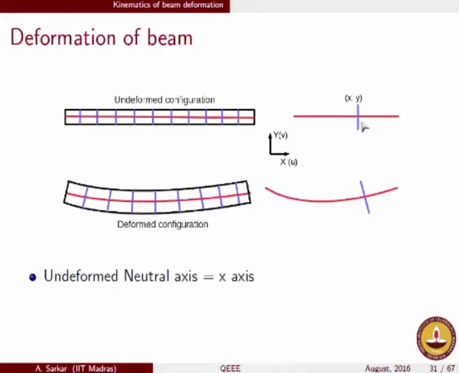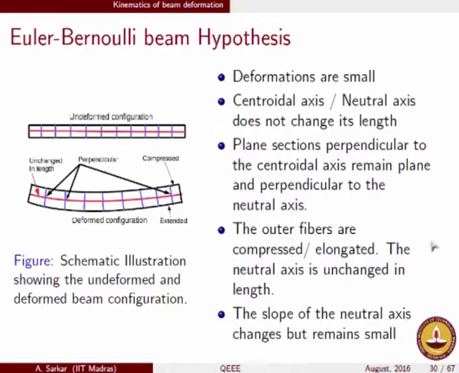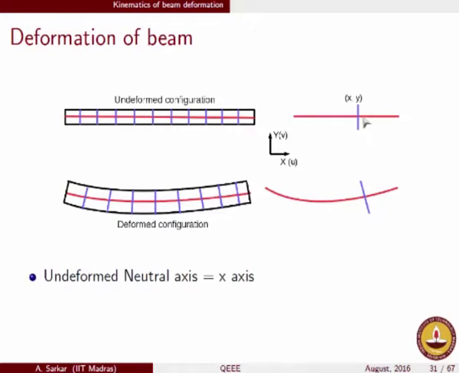So whichever area you have considered, firstly it remains a plane area, but it simply gets tilted. Instead of being normal it becomes tilted, holding on to the fact that the perpendicularity assumption is still granted. That is, initially the blue line and the red line were perpendicular, after deformation also the blue line and the red line are perpendicular.